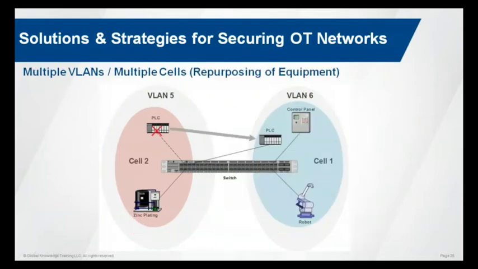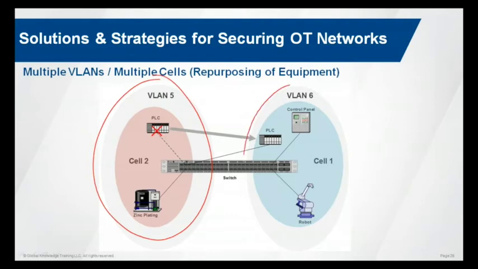If you are a control engineer, you know that these production lines don't sit there forever. From time to time, you have to reprovision them, you have to repurpose them. Let's say this is VLAN 5, and this is my VLAN 6, and I need to repurpose this particular control system and move it from cell 2 to cell 1.